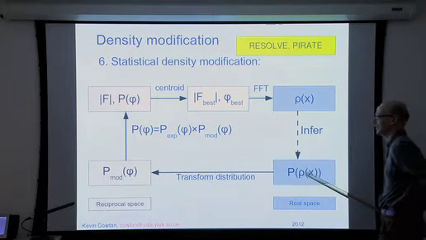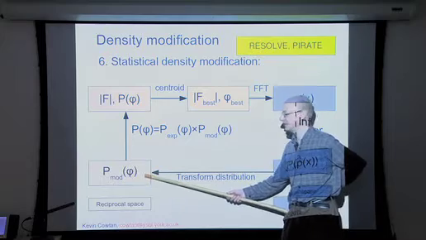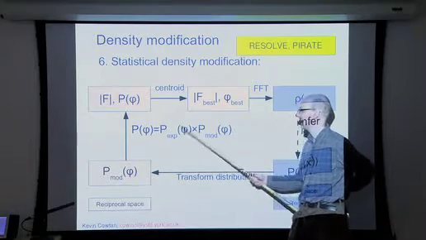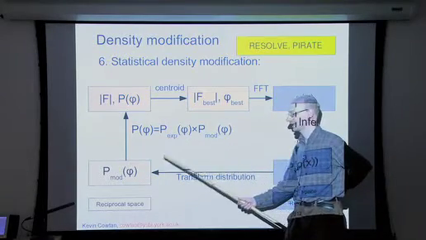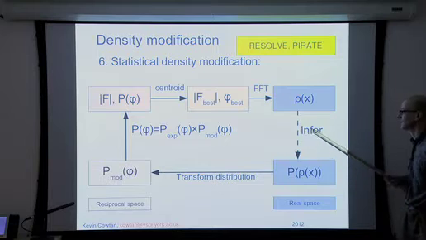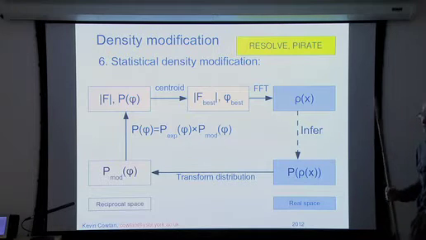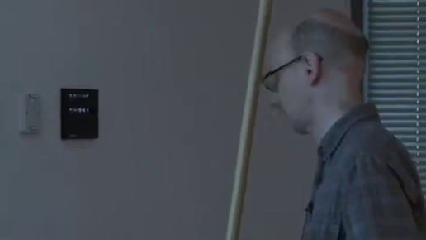And then we carry the probability distribution into reciprocal space and then do the multiplication here. Because there's a much weaker connection here, this has less problems with bias, although there's not much difference between the two approaches these days. I'll show you how that works a bit later.